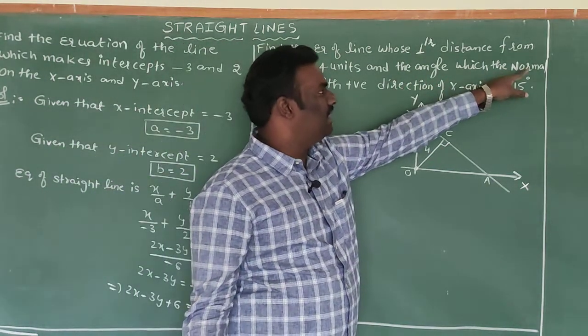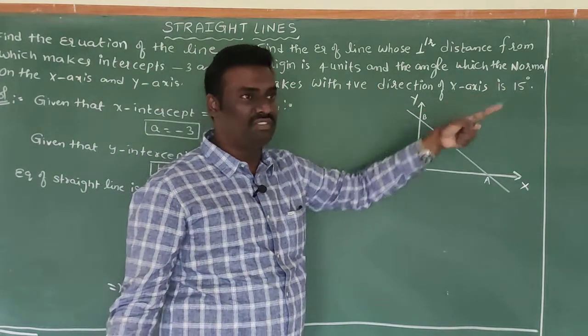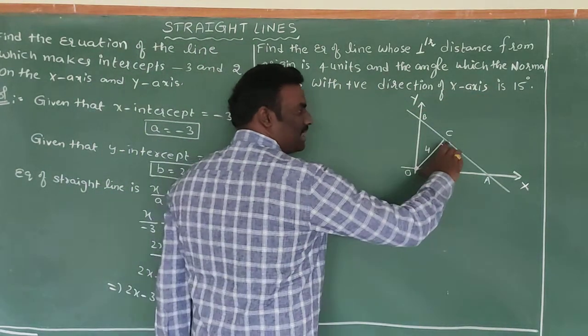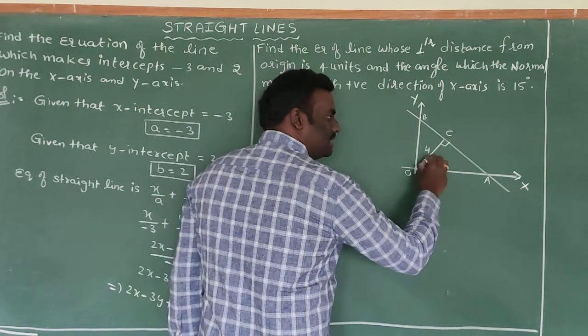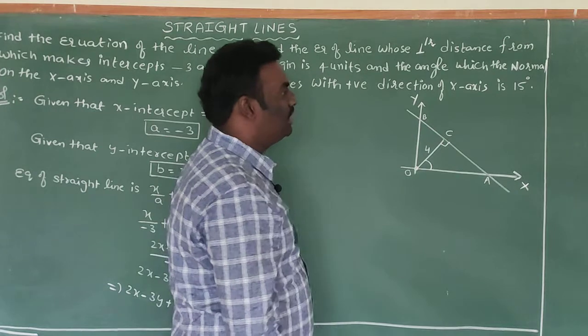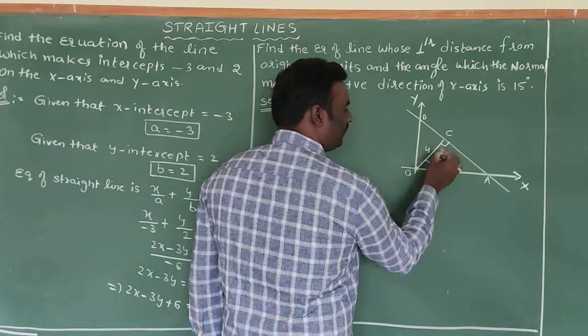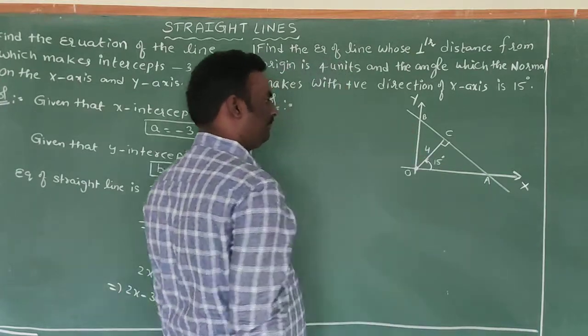And the angle which the normal makes with positive direction of x axis is 15. Normal means this line is called normal. This normal makes an angle with positive direction of x axis, that is 15.